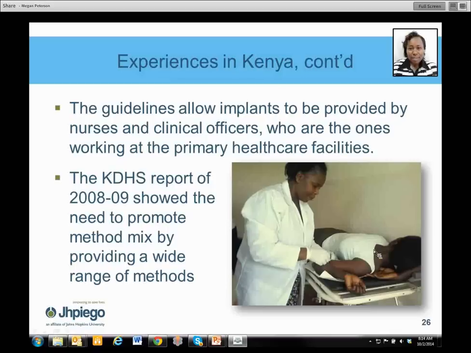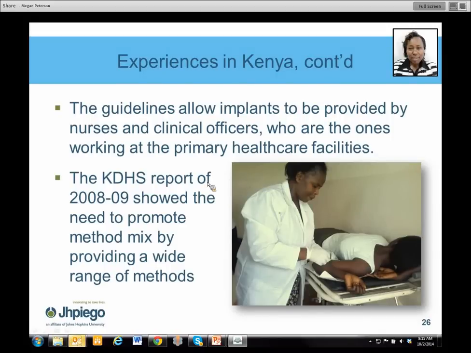So the guidelines allow implants to be provided by nurses and clinical officers, who are usually the majority of health workers at the primary healthcare setting, where the majority of the population seek these services. So to make these services available, we needed training for the health workers in those settings, and like I had alluded earlier, the Kenya Demographic Health Survey showed the need to promote method mix.